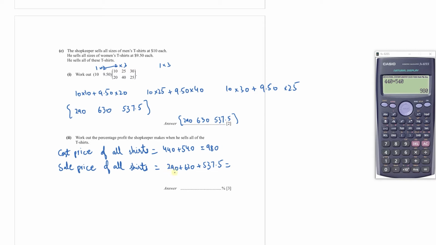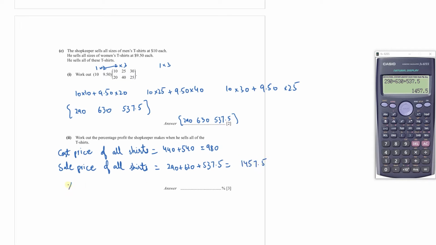So he made 290 from selling small sized, 630 from selling medium sized, and 537.5 from selling large sized shirts. So if you add all three together, you get 290 plus 630 plus 537.5. So this is 1457.5.